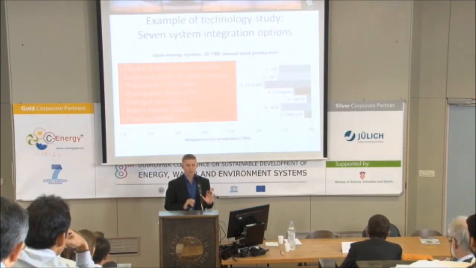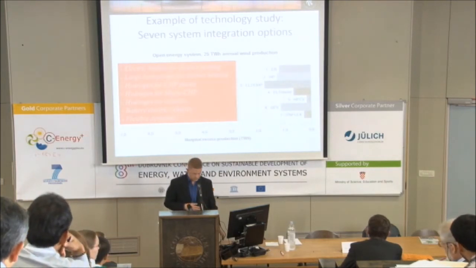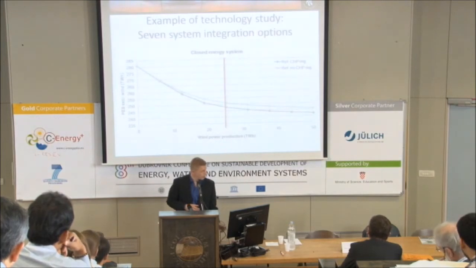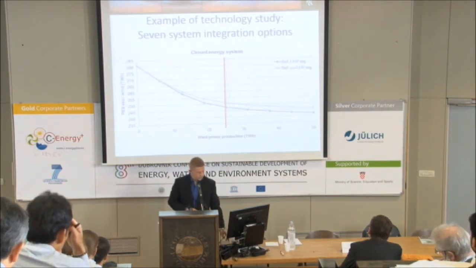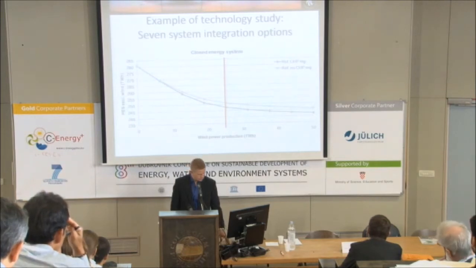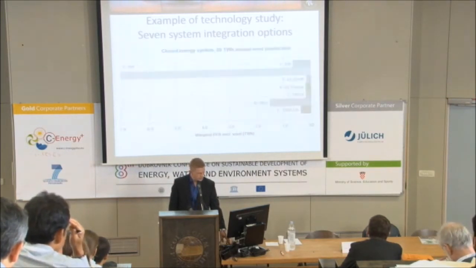Now remember, we needed to reduce the fuel consumption. So let's have a look at the effects on the fuel consumption. And again, we look here at the 50% wind power case, so the middle of this graph that you saw before, where we evaluate the effects on the primary energy supply.